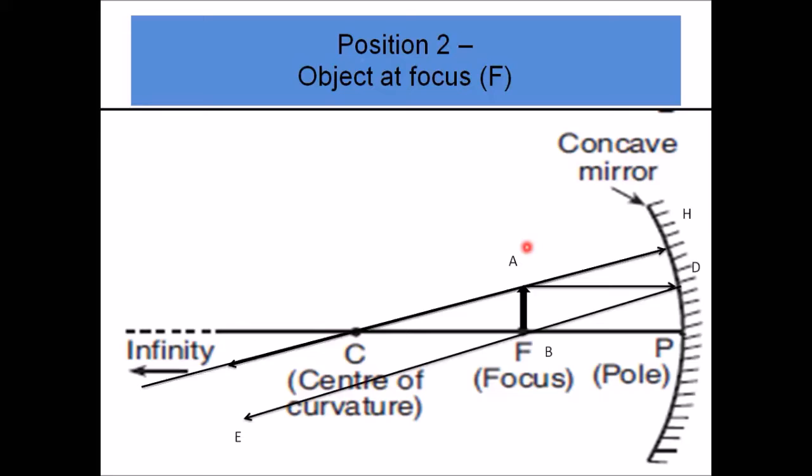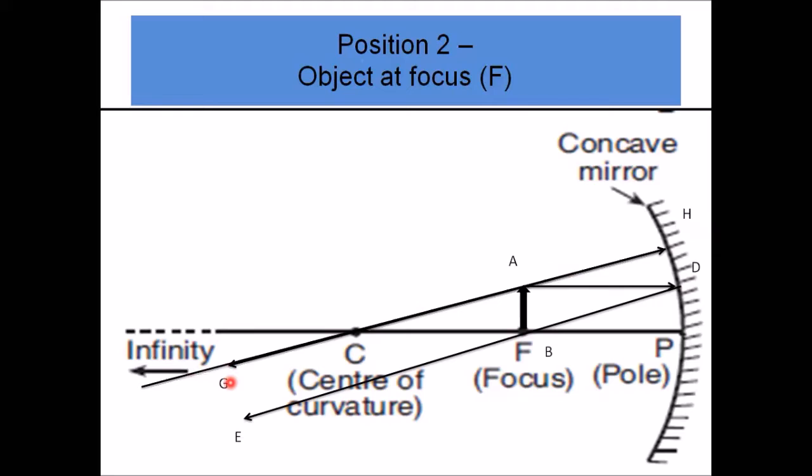So the reflected ray will be HG. In that way we have two reflected rays. The first reflected ray is DE and the second reflected ray is HG. As we already know, we get the image at the point where these two reflected rays intersect.